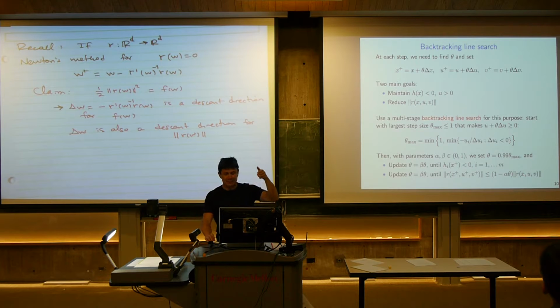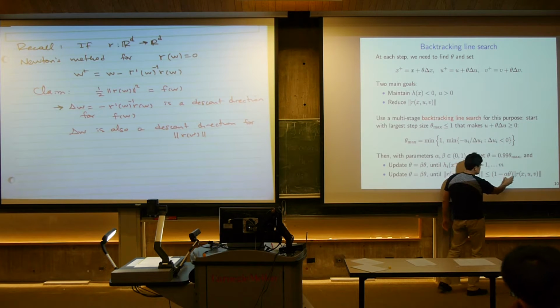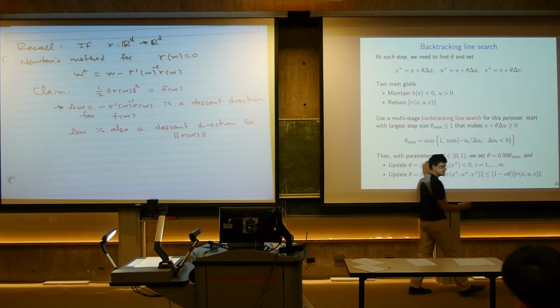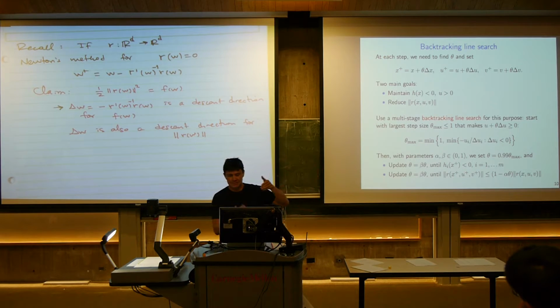The fact that I can make the decrease absolute implies that I can also make it relative, because the size of the residuals is decreasing monotonically. So there is no fishy business here. I could have written this in terms of just an absolute decrease, but it's more conventional, it's standard, to write it in terms of relative decrease.